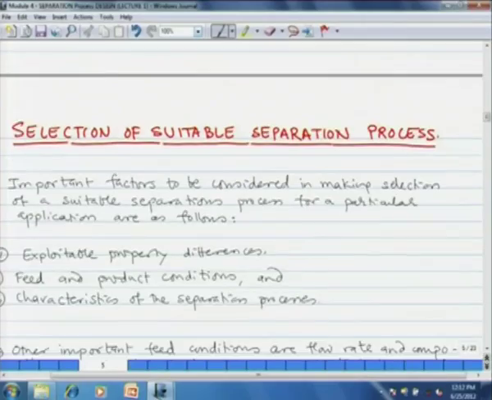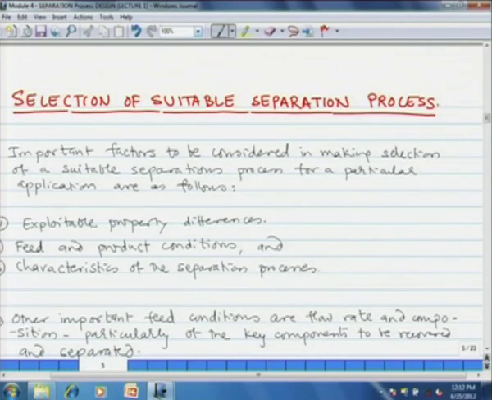In some cases, we may go for energy intensive process for separation or for the recovery of that particular product, because it gives high purity and the cost that purified product draws offsets the cost of separation. We shall see the selection of a suitable separation process.